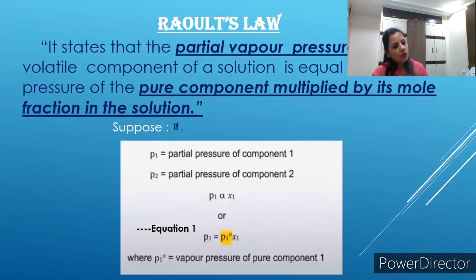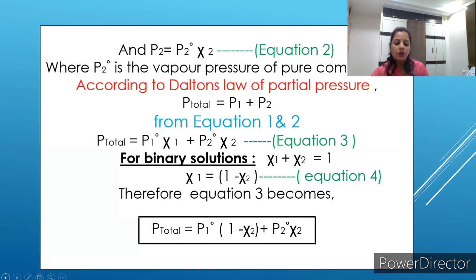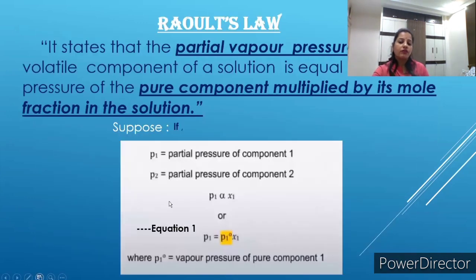Now, according to Raoult's law, the partial vapor pressure of any volatile component of a solution is equal to the vapor pressure of the pure component multiplied by its mole fraction in the solution.